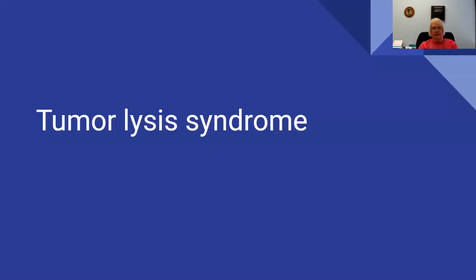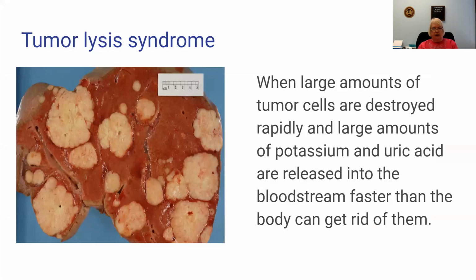Then tumor lysis syndrome. This is when large amounts of tumor cells are destroyed rapidly, and then the body dumps potassium and uric acid faster than the bloodstream can get rid of them. So with hyperuricemia, you can have kidney damage, and it can cause acute kidney injury. If it's untreated, you can actually have death.